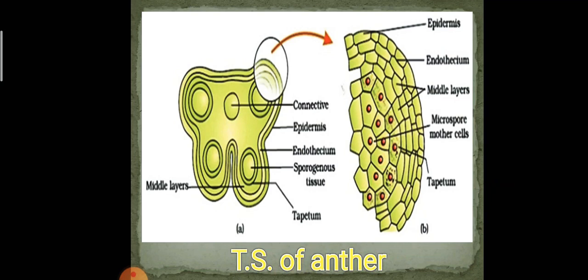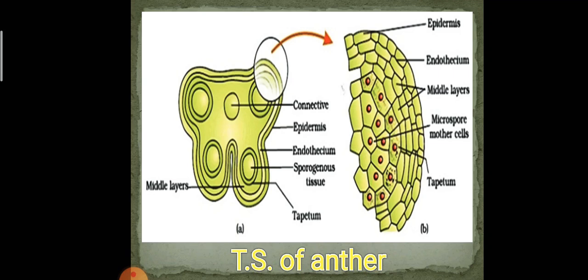After the epidermis comes the endothecium, then the middle layer, and then the pollen sac, inside which are the PMC or MMC, the pollen mother cell or microspore mother cell. So this is a typical TS of anther.